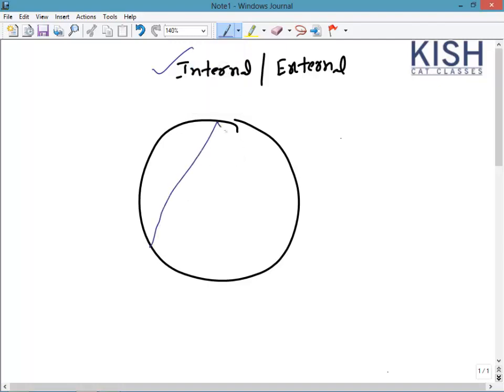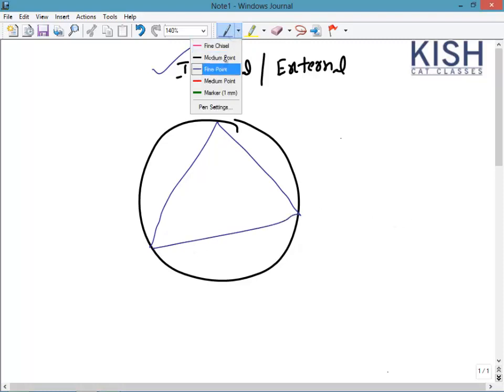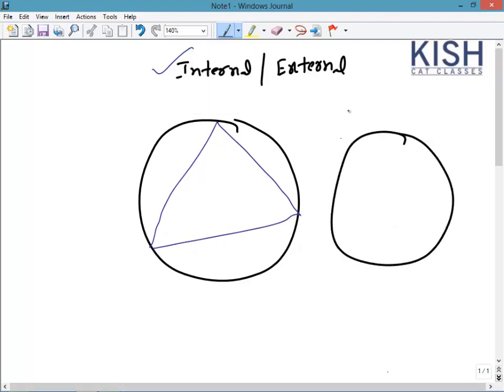So this is a polygon. Well, polygon is any other thing, like again I've drawn one more polygon. So I've drawn a triangle inside the circle, or inscribed, and I've drawn a quadrilateral.